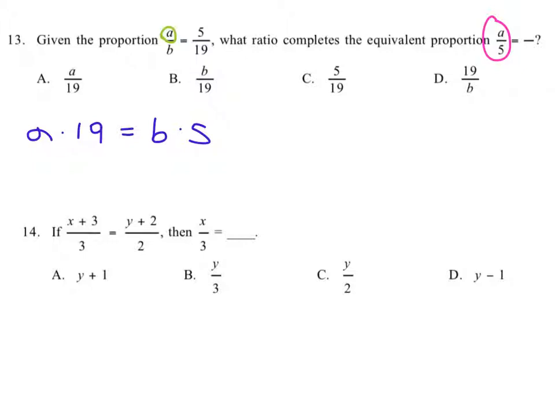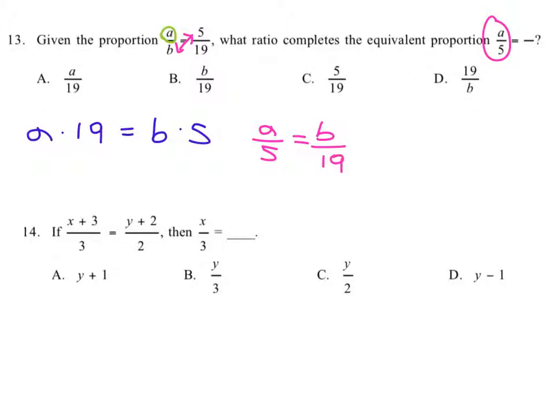So we switch these two, and what we get is A over 5 equals, and the B is going to trade places with the 5 to become B over 19.